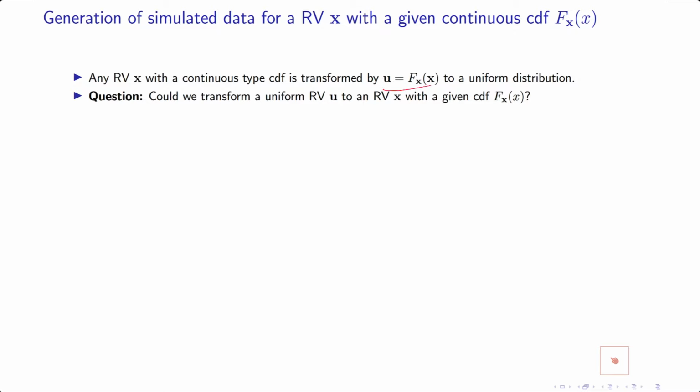If I calculate x equal to F_X inverse of u, then the distribution of this is going to be equal to F_X of x by virtue of the theorem we have proven.